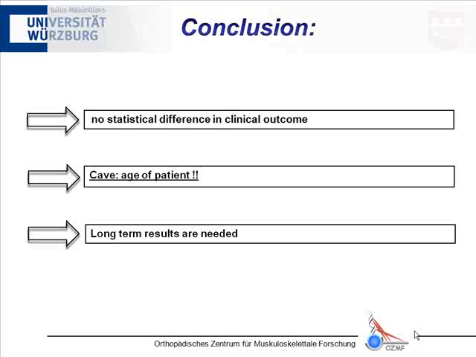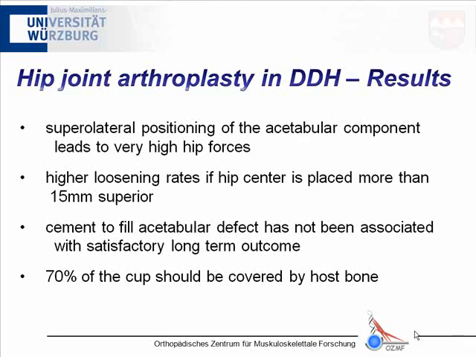To give you some information from the literature also, it is known that superolateral positioning of the acetabular component leads to very high hip forces, so we have to avoid that in any case. Higher loosening rates are known if the hip center is placed more than 50 millimeters superior to the regular hip center.